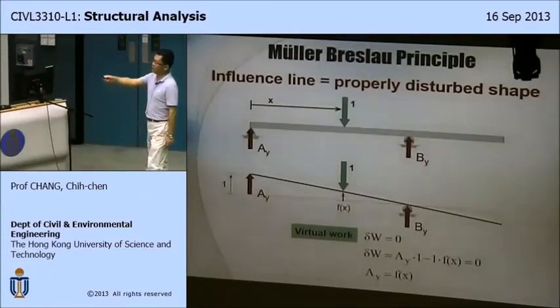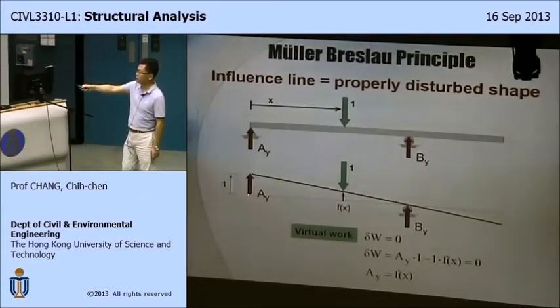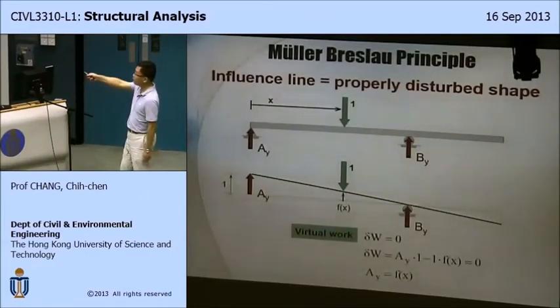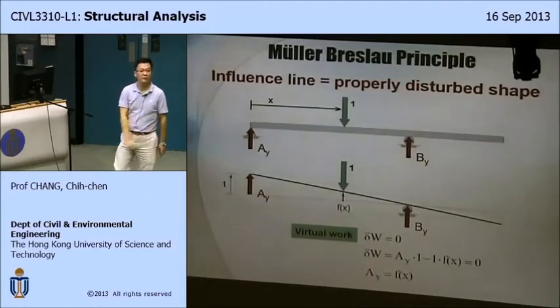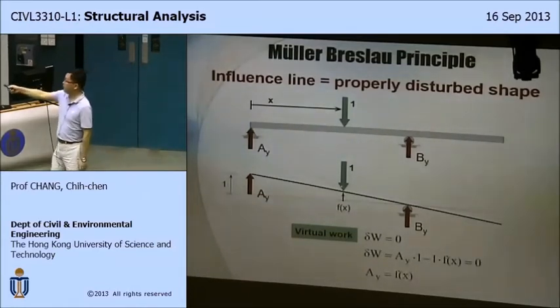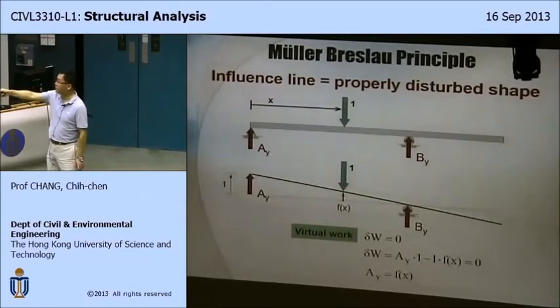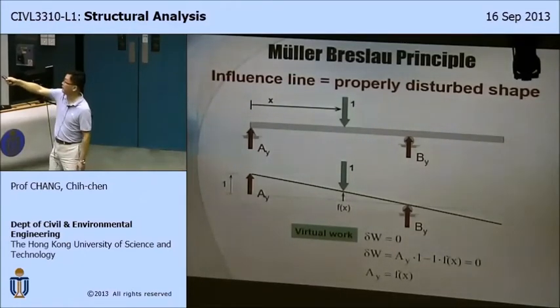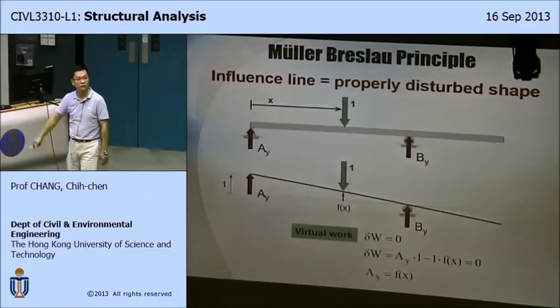This profile is due to pushing point A upward by 1 unit. So that profile is equal to AY. So what is f(x)? f(x) indicates this profile as a function of x. What is x? x is the location of the downward unit force.